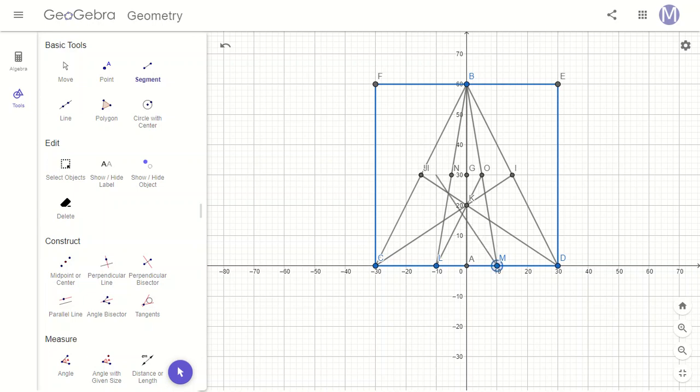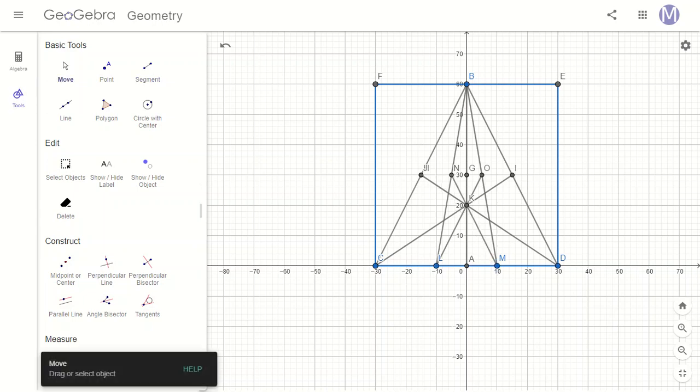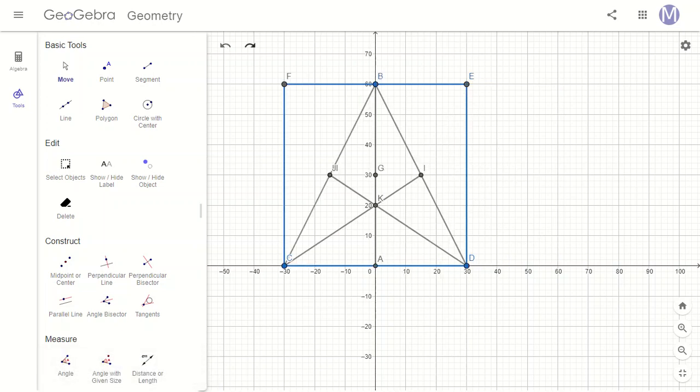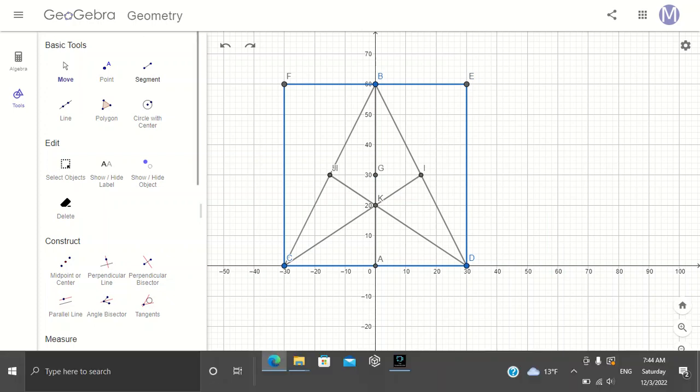Boom, still holds. So this ratio inside the height of a triangle and any side is always going to be present, a ratio of 1/3, 1/6, and a half. It's always going to be like that.